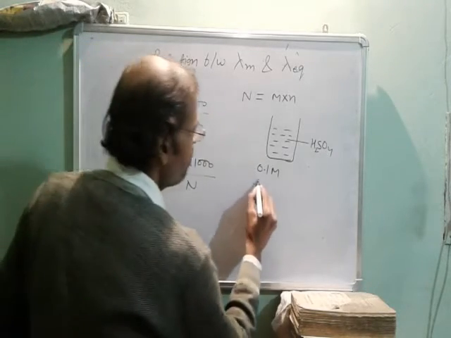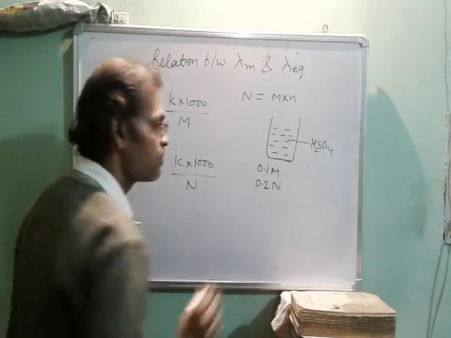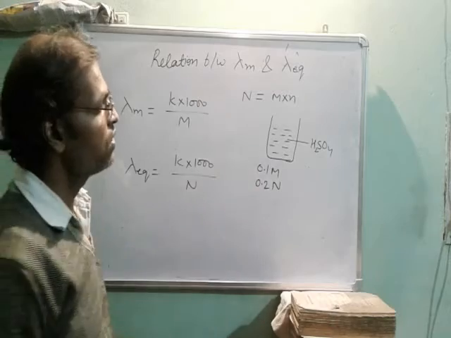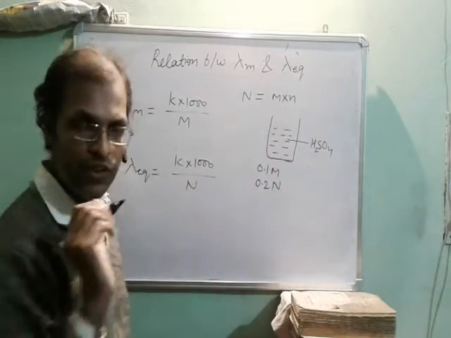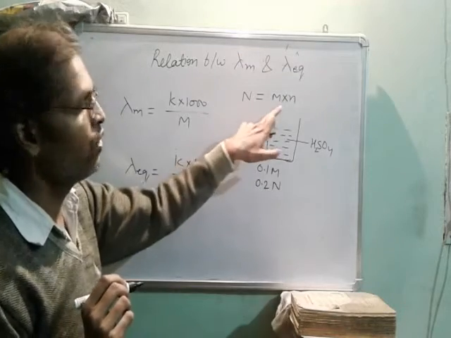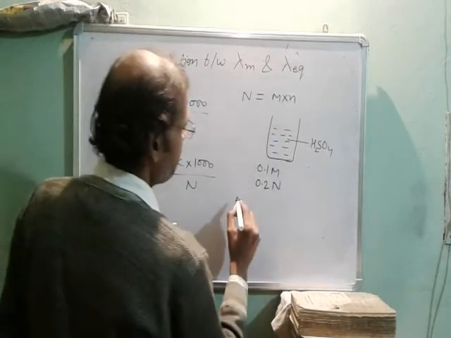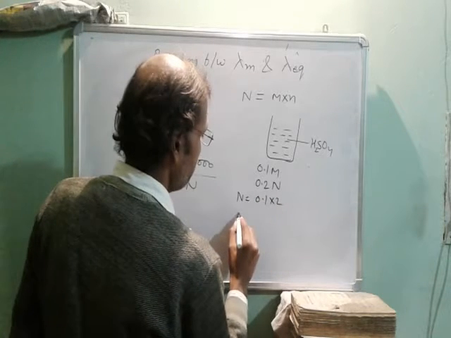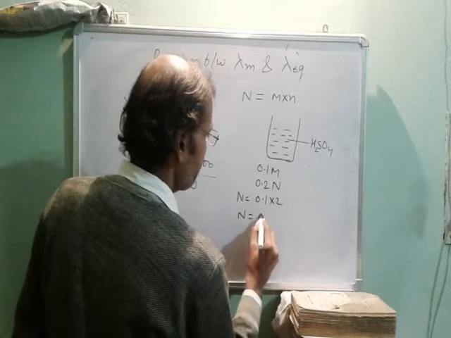Its normality will be 0.2 N. Why? Because the value of n for H2SO4 is 2. So 0.1 into 2 is equal to N, and value of N will be 0.2.